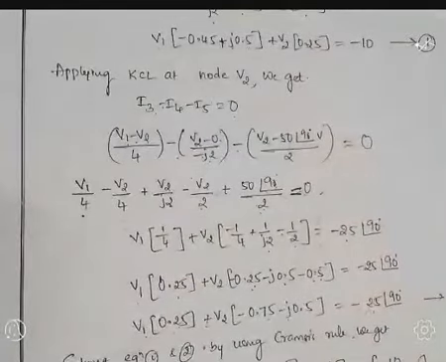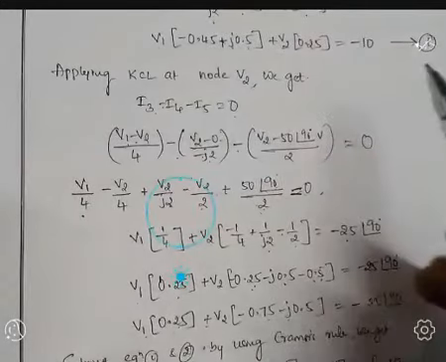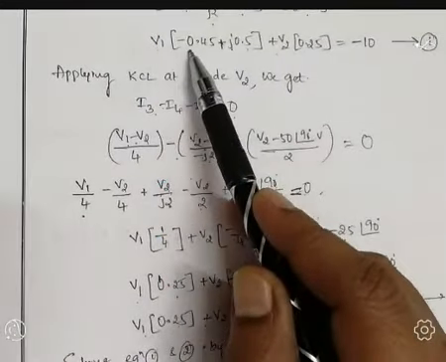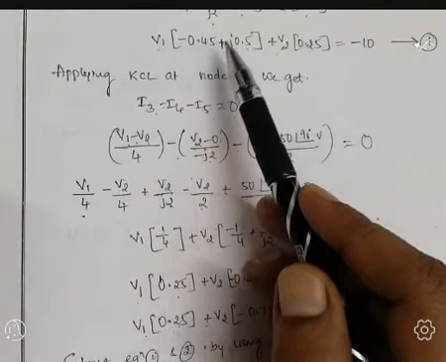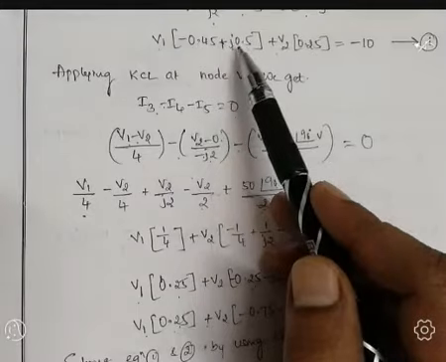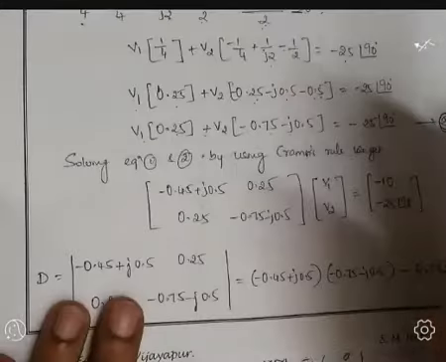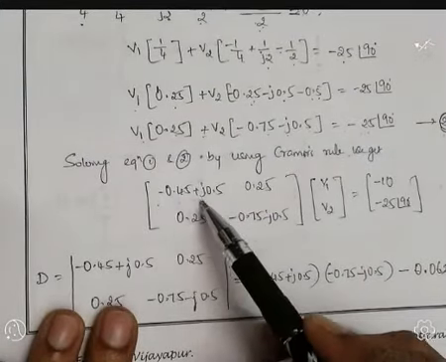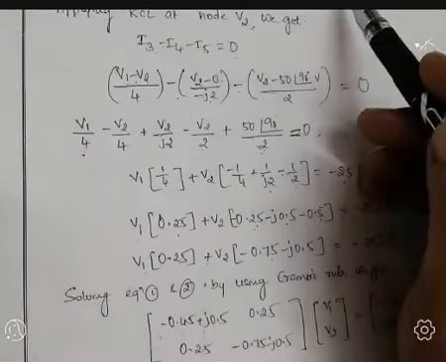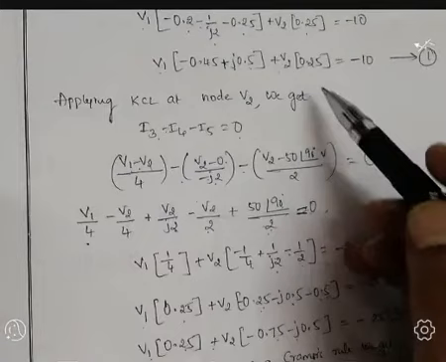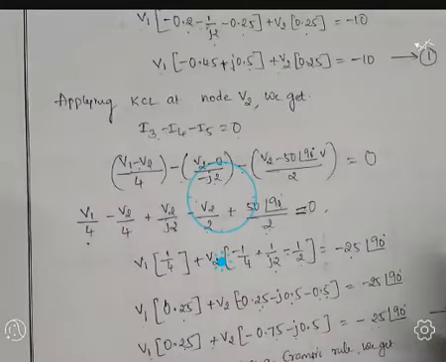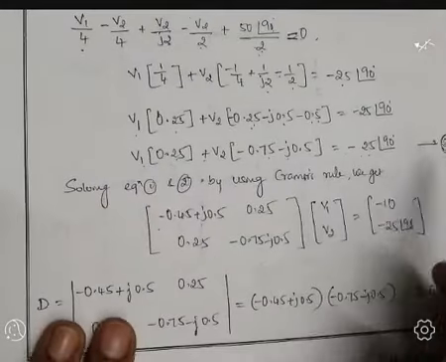Observe the coefficients of V1 and V2 of equation 1. The coefficient of V1 is minus 0.45 plus j 0.5. Next, the coefficient of V2 is 0.25. Okay, it is about equation 1. Let us go for equation 2.